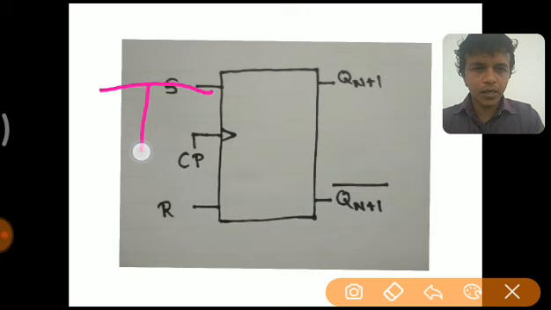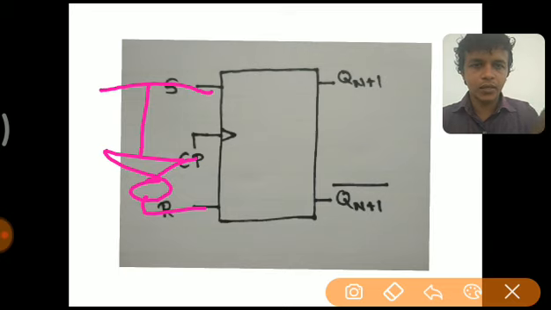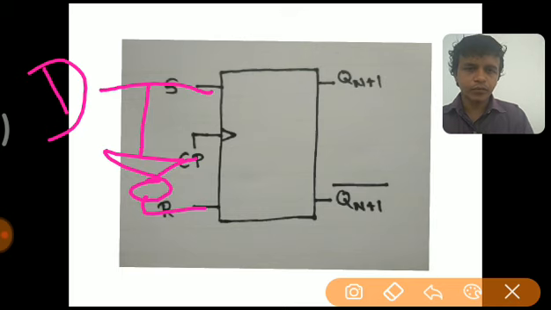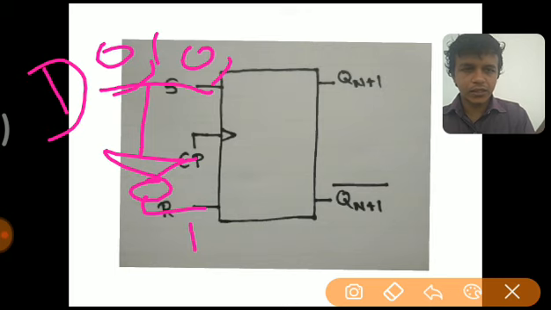S and R are connected together through a NOT gate, and a single input was taken, which was named D. When D is 0, it is similar to S taking 0 and R taking 1. When D is 1, it is similar to S taking 1 and R taking 0.